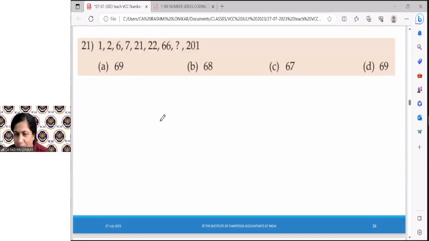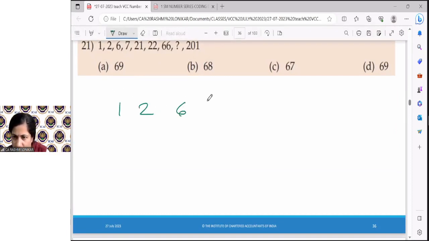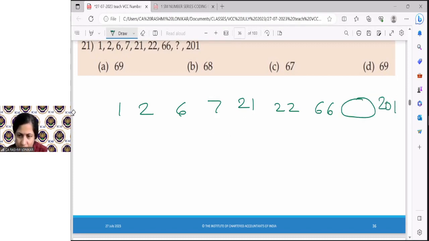Next sum. 1, 2, 6, 7, 21, 22, 66, something, and 201.